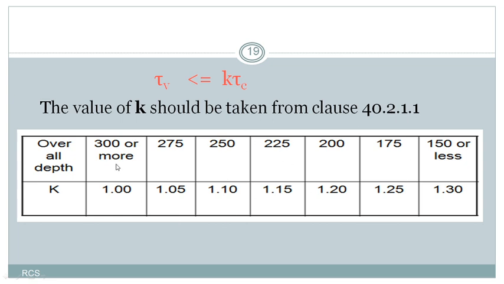For 300 mm and more we have 1.0, for 275 that is 1.05, and so on. For 150 or less we have 1.30 as the K value. So if you multiply the obtained tau c with K, we will get some value. That value must be greater than our nominal shear stress. Then only you can say our slab is safe against shear.